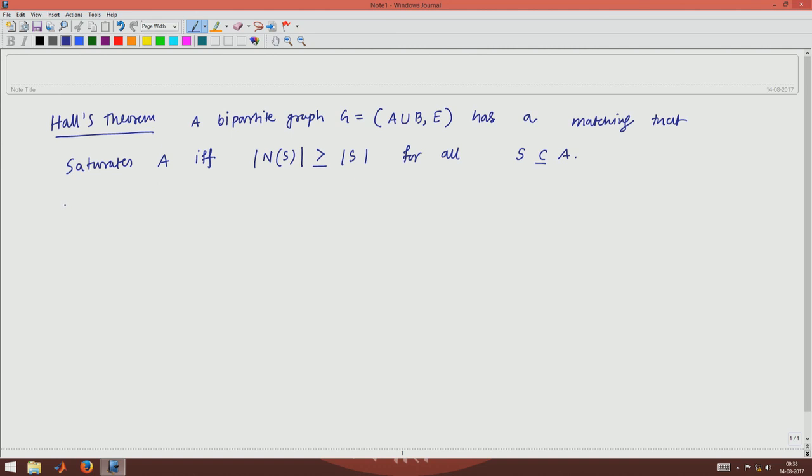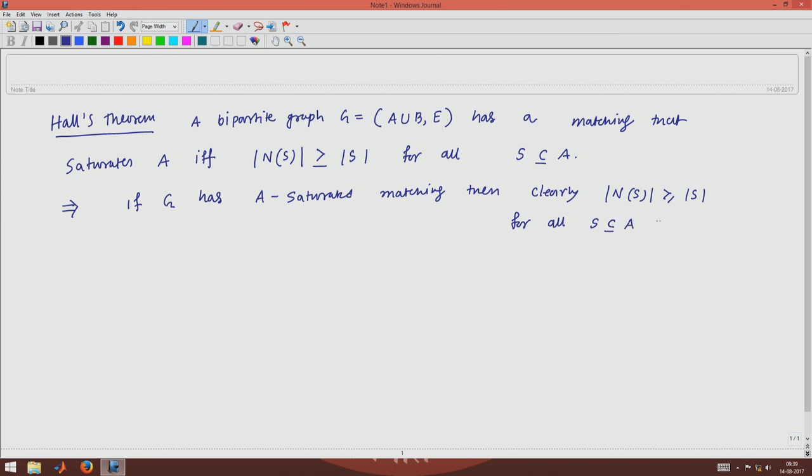So, first we prove that if G has a saturated matching, then clearly the cardinality of the neighbor of S, N(S), is greater than or equal to the cardinality of S for all S subset of A. So, this is quite trivial.